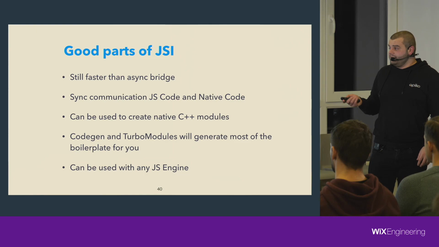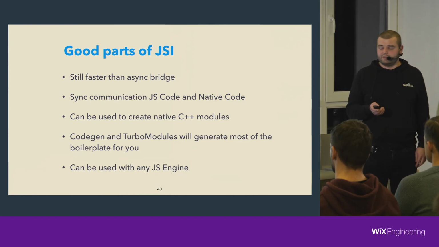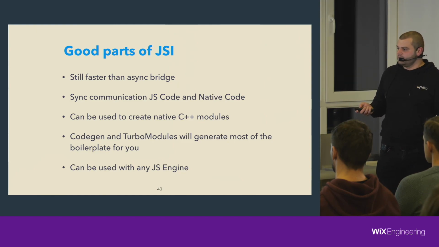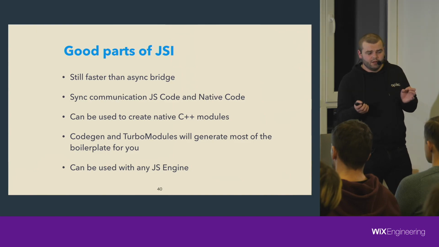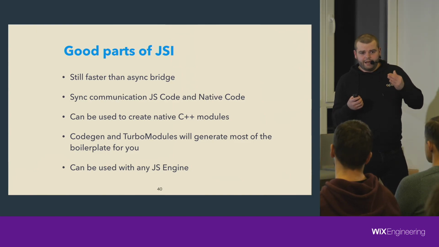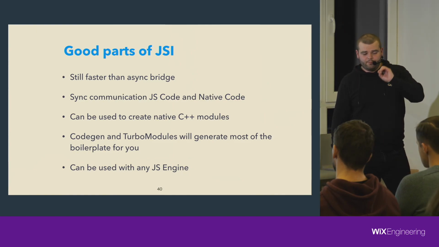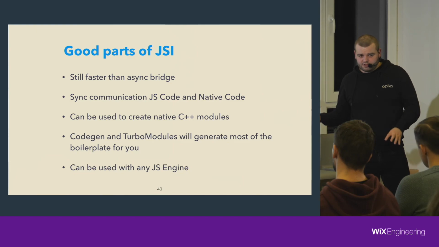It can be used to create native C++ modules, and that's a big part of it. But also, there are two projects. One is CodeGen, second one is Turbo Modules. CodeGen is basically a tool which will create all those boilerplates for you without any changes.